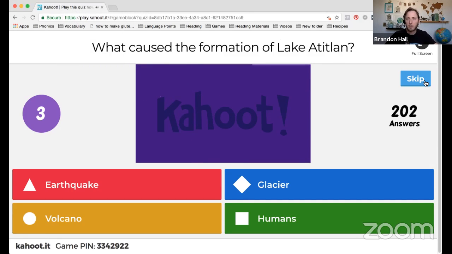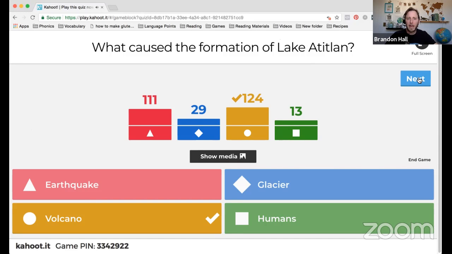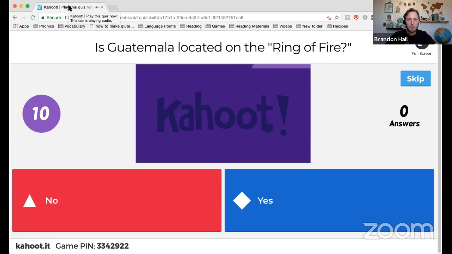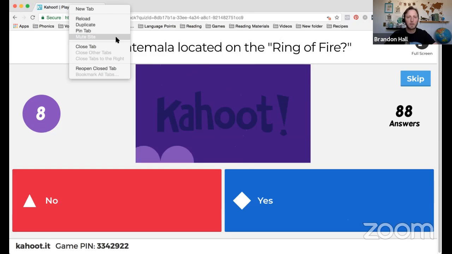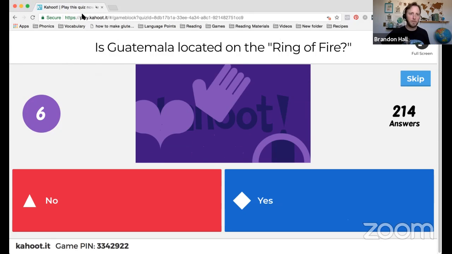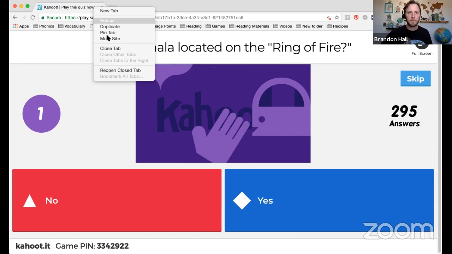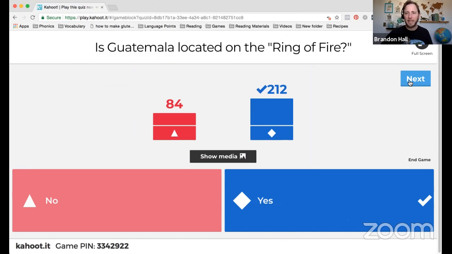All right, volcano, Magic Owl. And is Guatemala located on the Ring of Fire? Yes or no? All right, yes, it is.